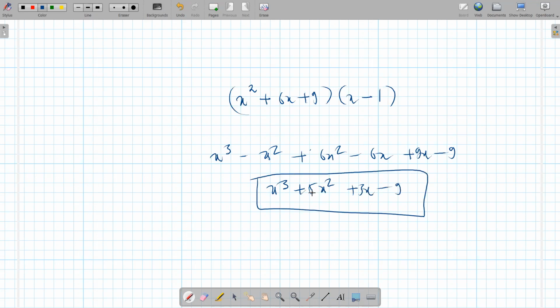So for this one, how do you factor it? You're going to check for the factors, so it's only plus or minus 9 and plus or minus 1. And it turns out f of 1 is going to work out. So when you do the long division, you're going to get a quotient of x squared plus 6x plus 9.